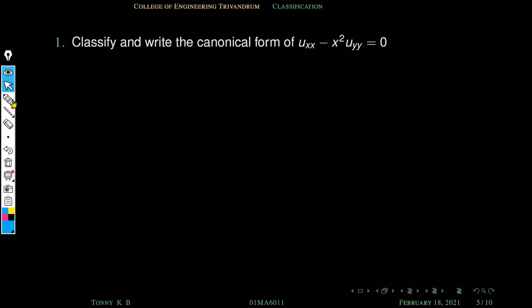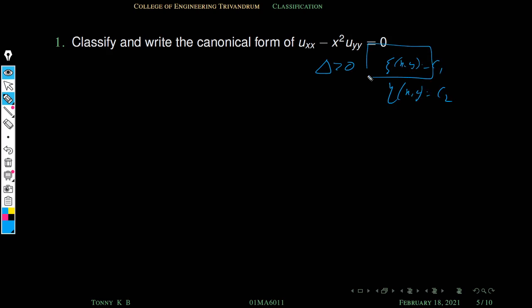We know that for a hyperbolic type equation the discriminant is positive. Here it is positive, so it is hyperbolic. For a hyperbolic type equation, we have two characteristics. One is a function psi of xy equal to some constant, and the other is eta of xy equal to another constant.